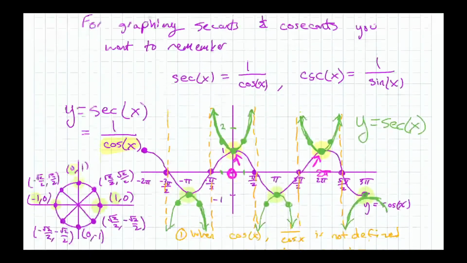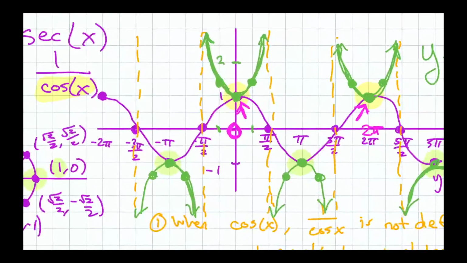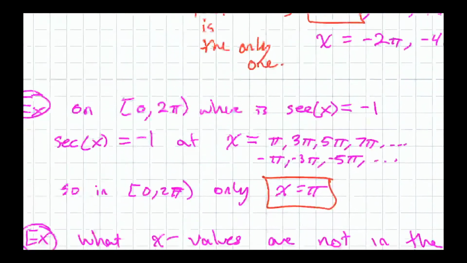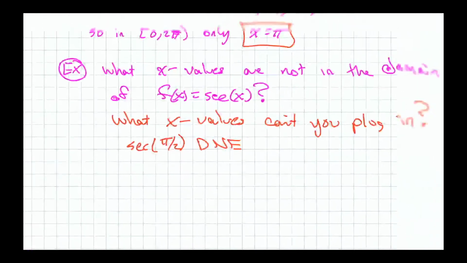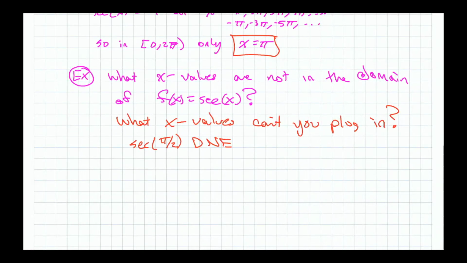Because you can look at the graph and see that at pi over 2, you have a vertical asymptote, because secant pi over 2 would be 1 over cosine pi over 2, and cosine pi over 2 is 0. So that's where the asymptotes come from. So you're not allowed to plug in pi over 2. So when they say what is not in the domain, what they mean is just where are those vertical asymptotes. Okay, so you need to interpret that as where are the vertical asymptotes.